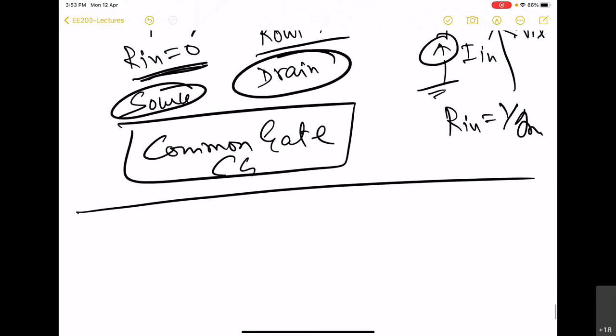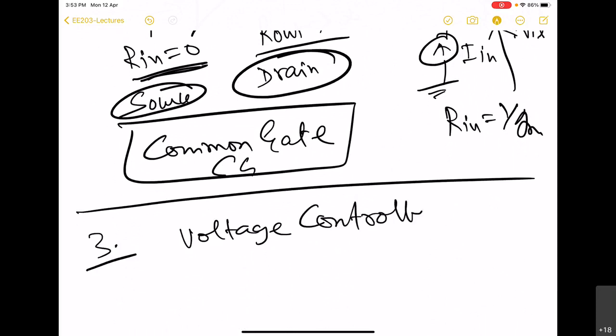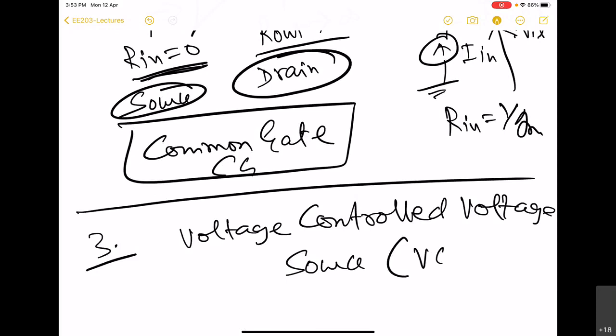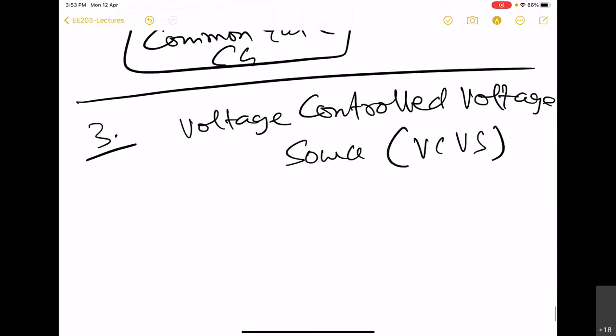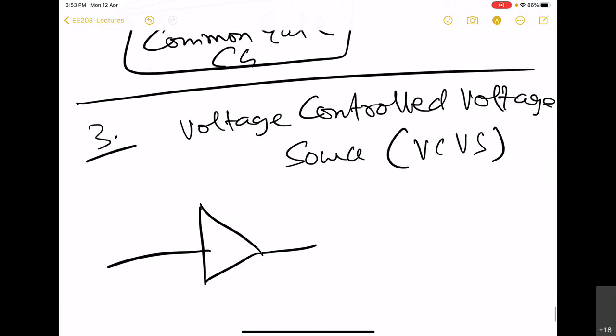Now if we see the voltage controlled voltage source, the third case, the input quantity is going to be voltage, and the output quantity is also going to be voltage.